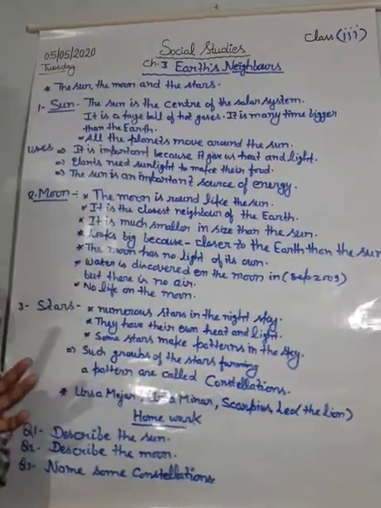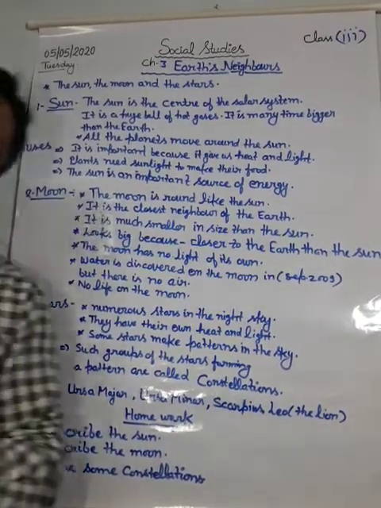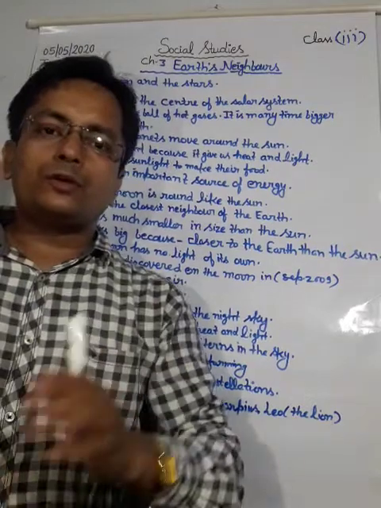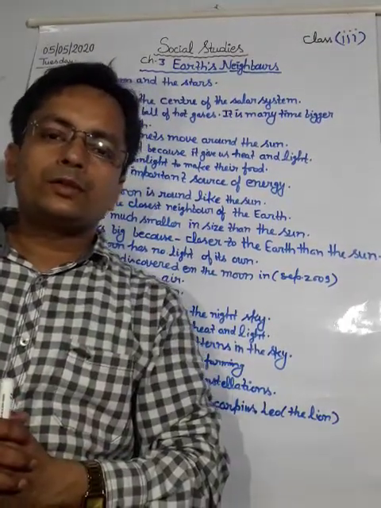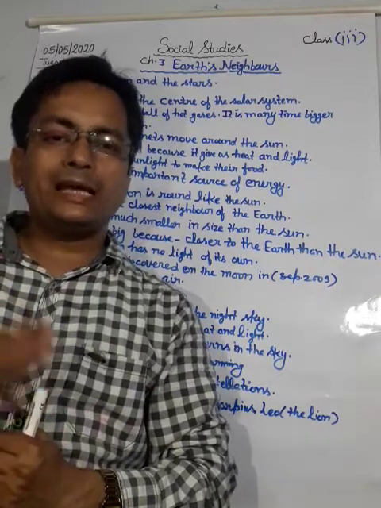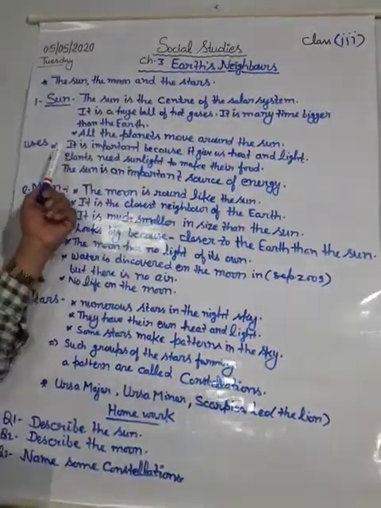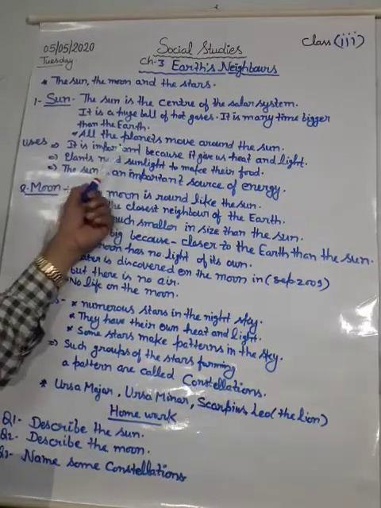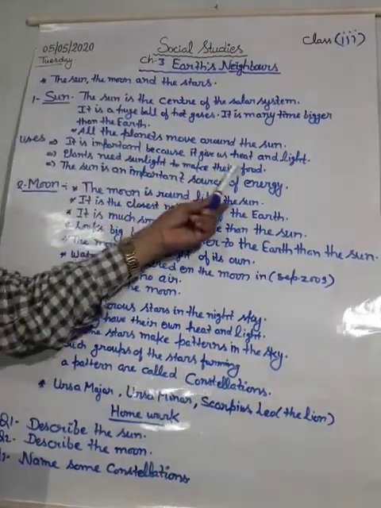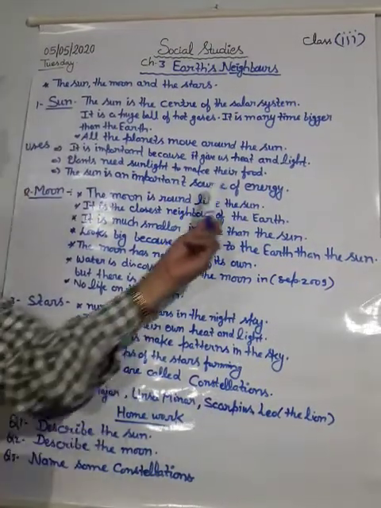Next, beta, we have some uses of the sun in our daily life. We use sunlight directly or indirectly. Let's see what the uses of the sun are. It is important because it gives us heat and light.